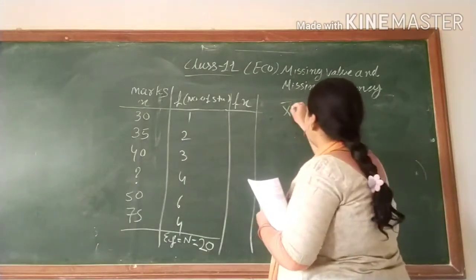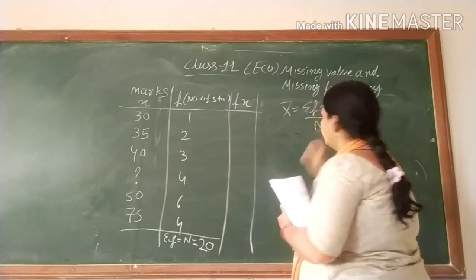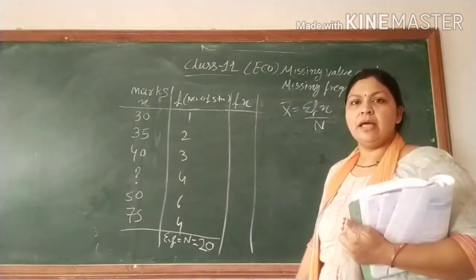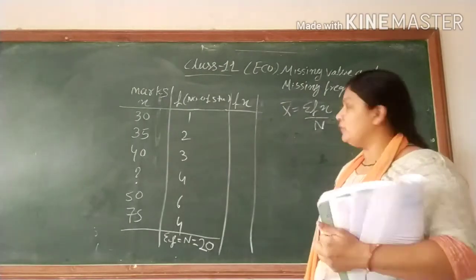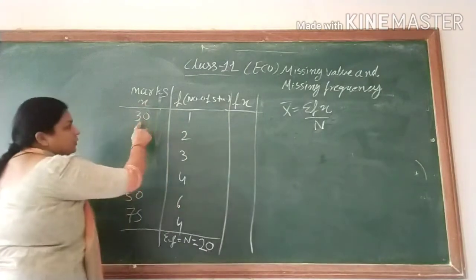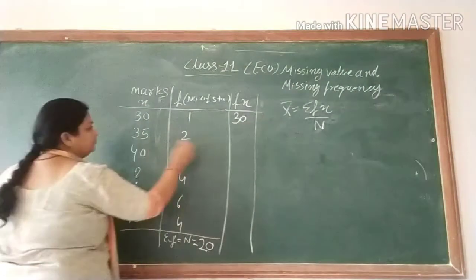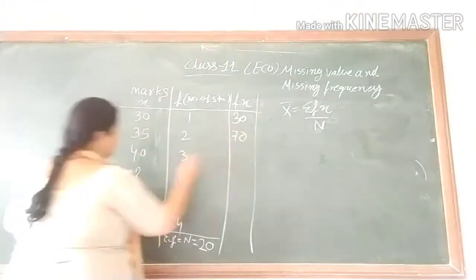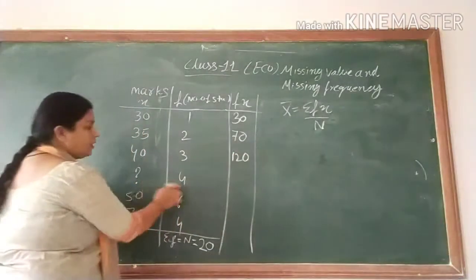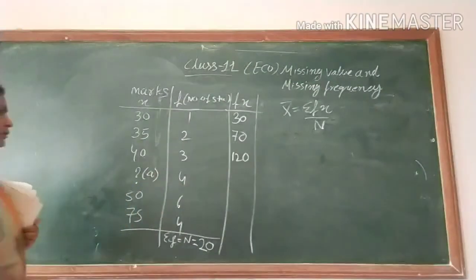X bar equal to sigma fx upon n. So we have to find sigma fx. You just multiply marks with the number of students. So 30 ones are 30. What is this? We assume that this is a. Clear? So this becomes easy.